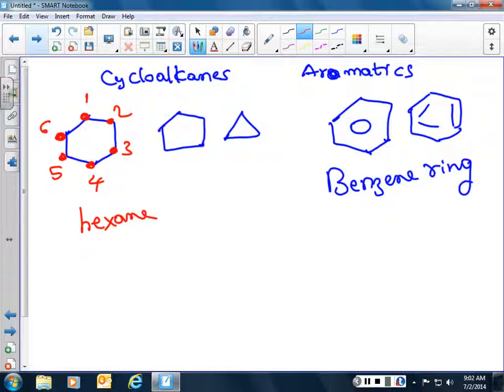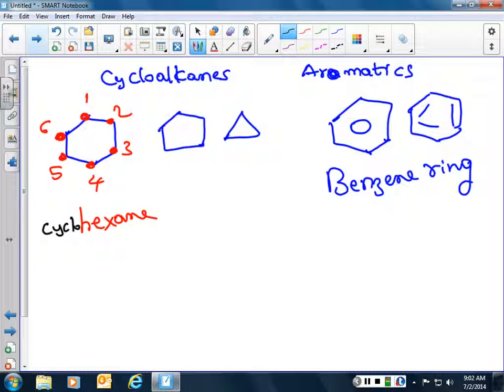So ane. And it's a ring. Since it's a ring, we put cyclo. So what's the name? Cyclohexane. Why are you putting cyclo? Because it's a ring. Hex because it's 6 carbon. Ane because all single bond.